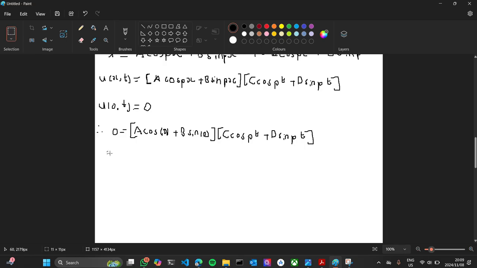So now we can evaluate what this will be. A cosine 0 is equal to 1, right? So A is going to stay as is, but sine of 0 is equal to 0.